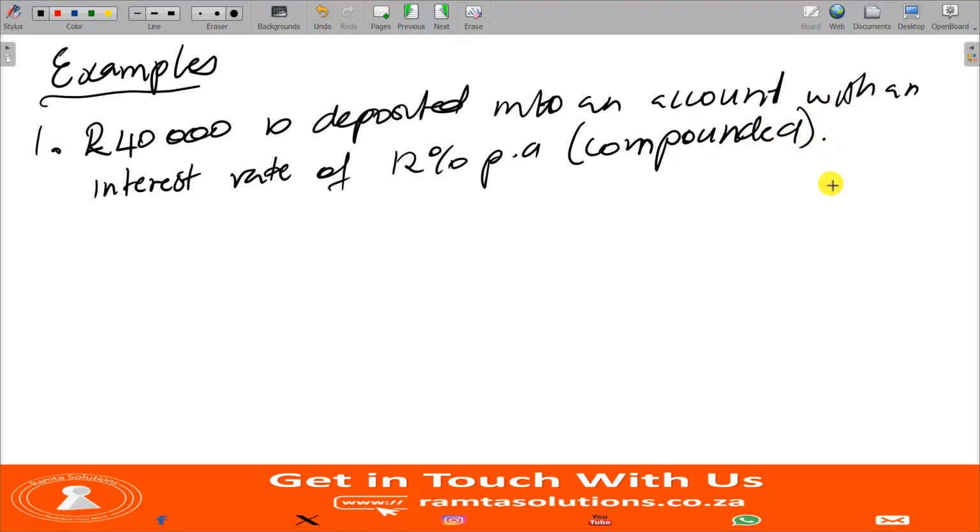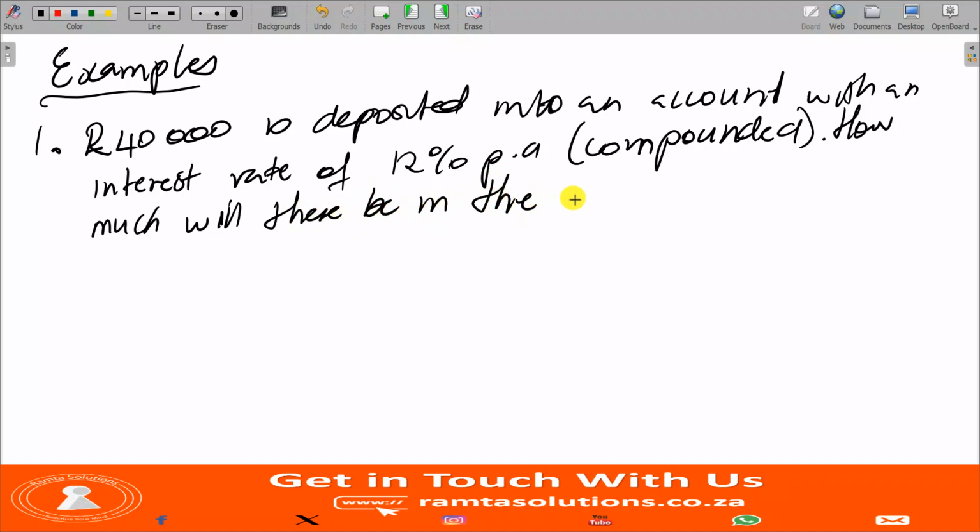How much will there be in the account after, should we try 5 years? Let's try 5 years. After 5 years. Okay. Now I'm going to try a different example.